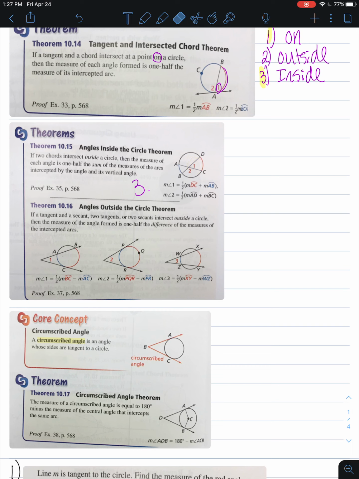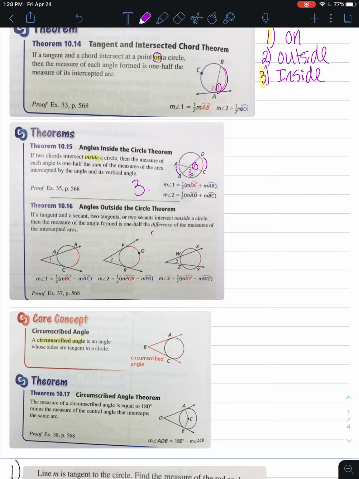To find angle 1, I would add arc DC and arc AB, and then divide by 2. Similarly, to find angle 2, I could add AD and BC, and divide by 2.